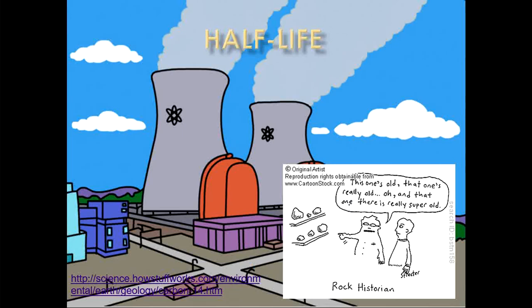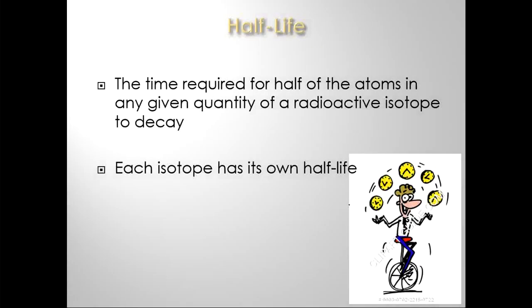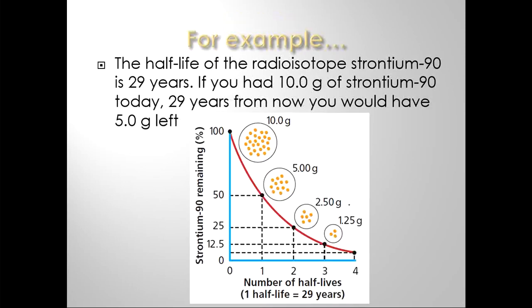Each radioisotope has a half-life. The half-life is the time required for half of the atoms in any given quantity of a radioactive isotope to decay. So for example, let's take a look at strontium-90. Strontium-90 has a half-life of 29 years.